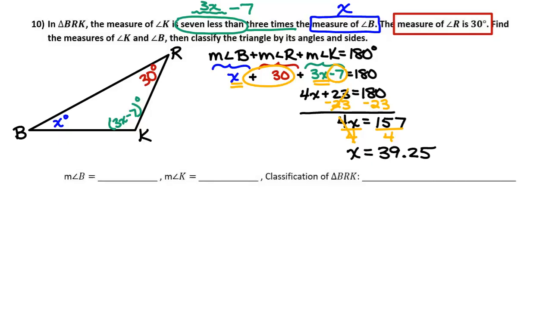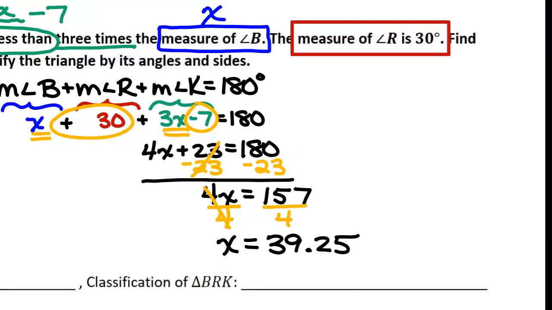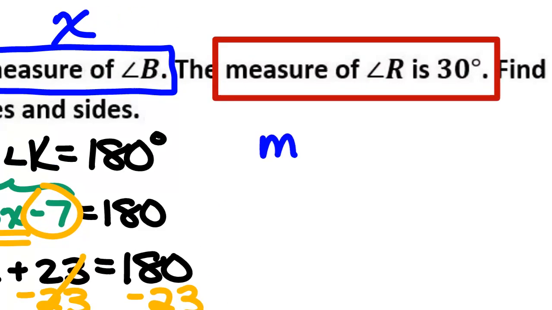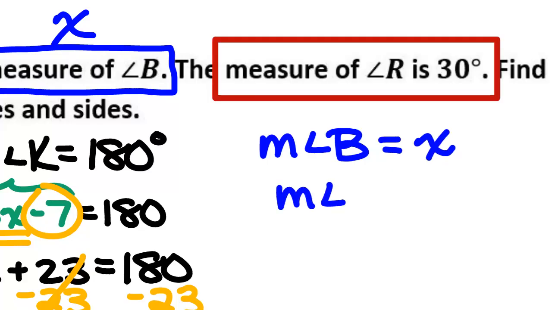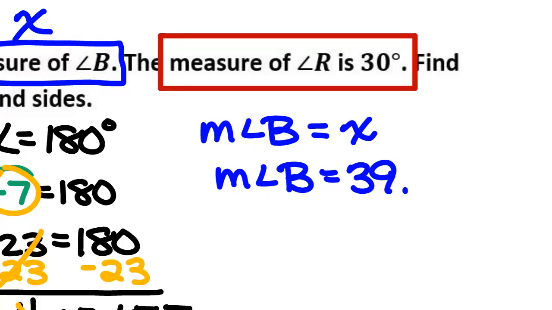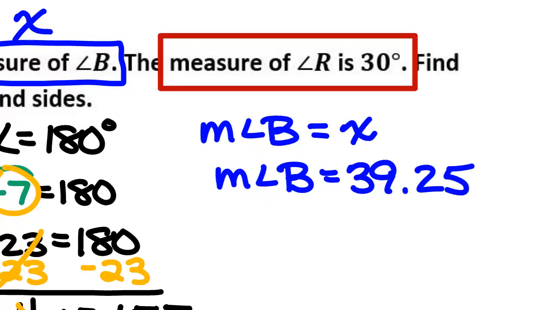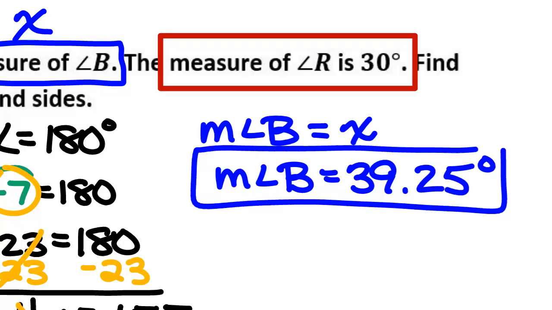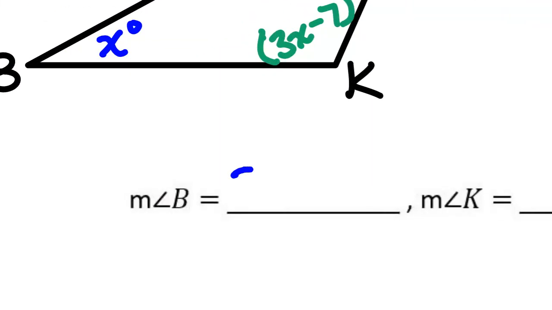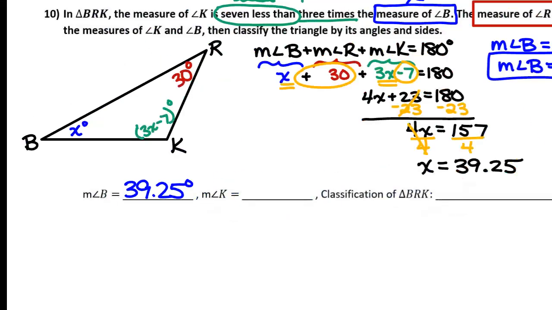They asked me to find what? Measure of angle B and measure of angle K. Well, we said that the measure of angle B was x. So how big is angle B? 39.25 degrees. Decimals do not automatically mean that it's wrong.